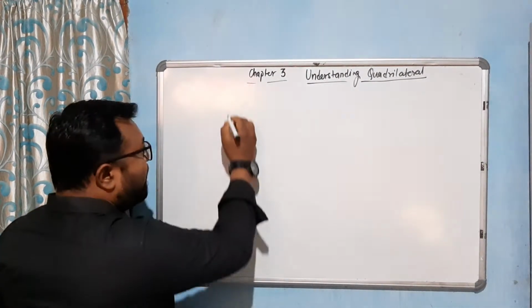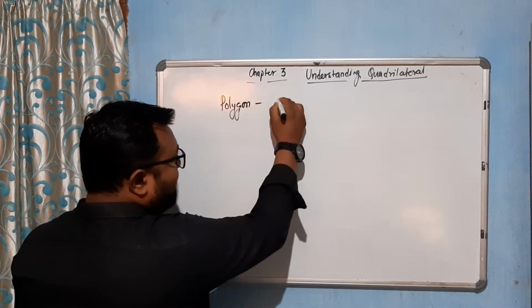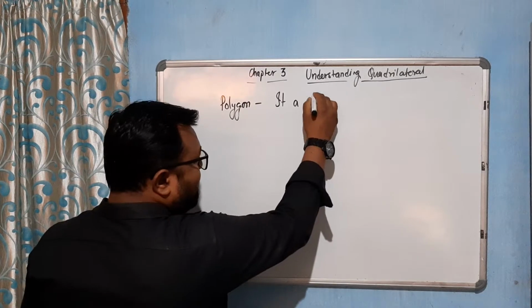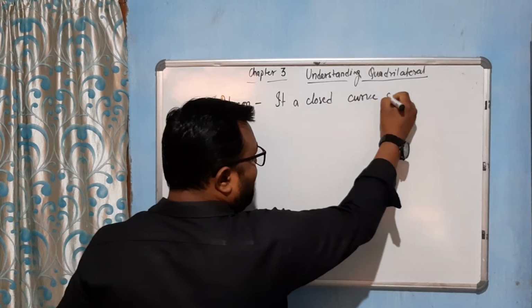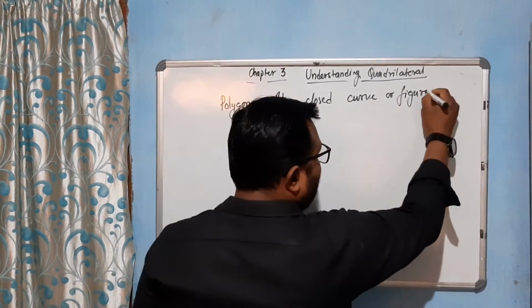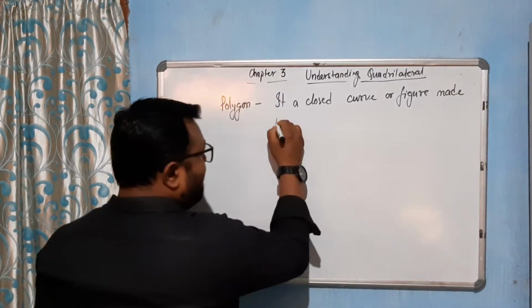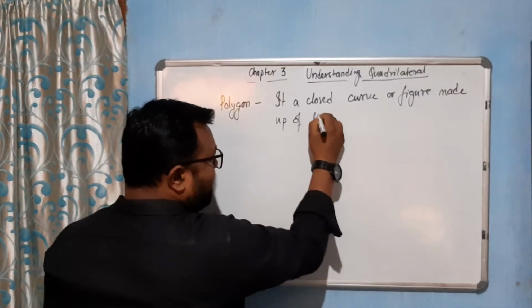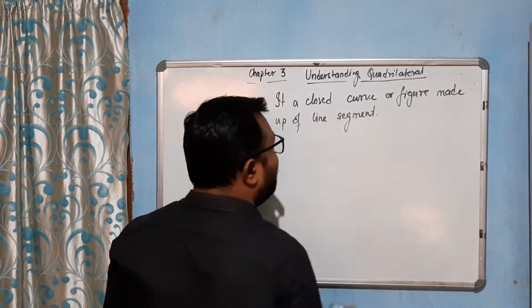See, polygon, it is a closed curve or figure made up of line segments.